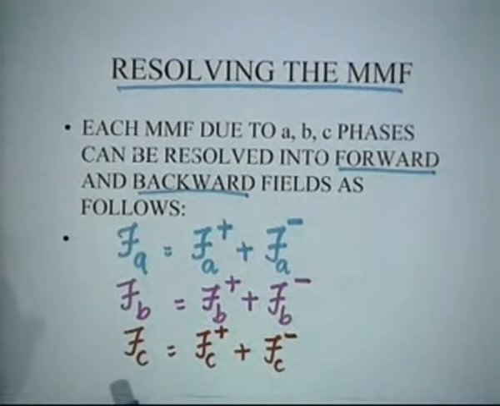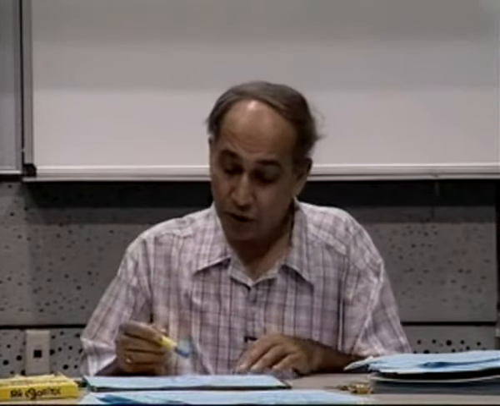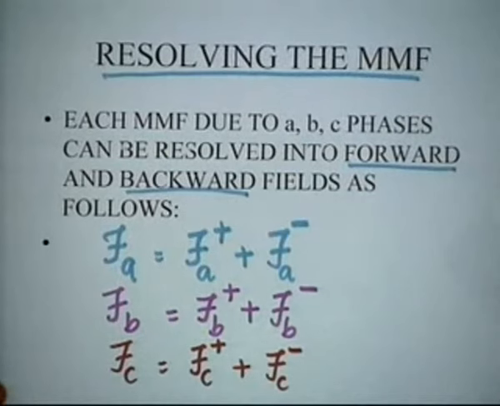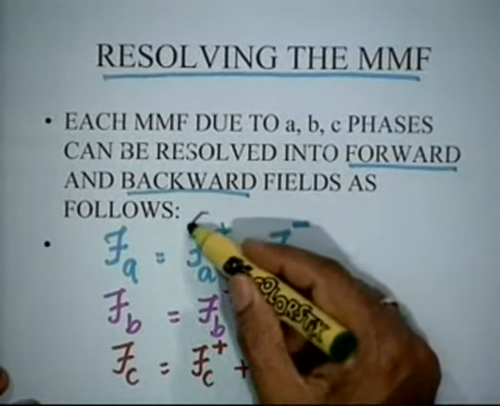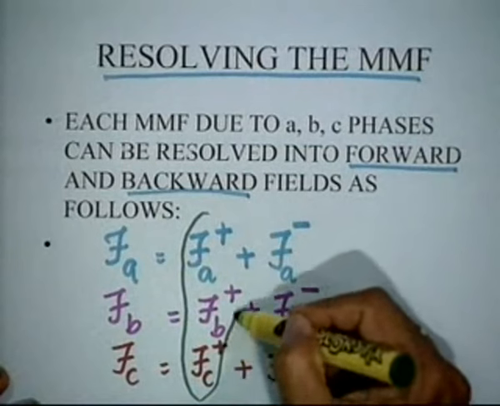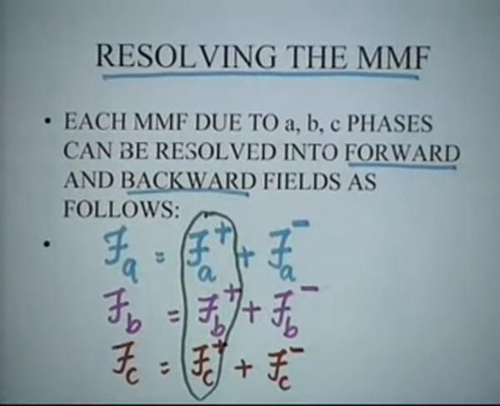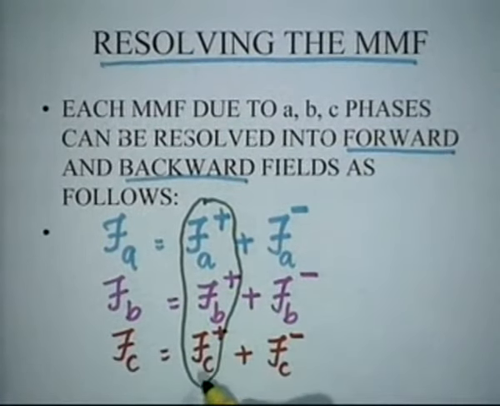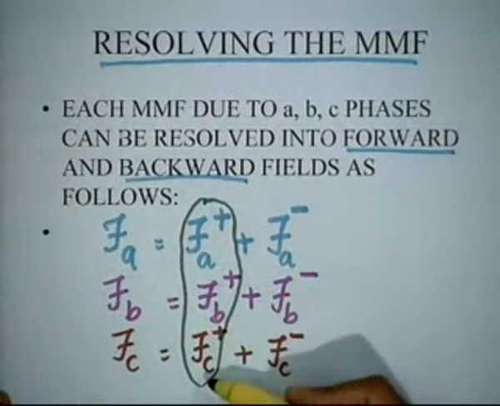Forward field will rotate only at plus omega, and backward field will rotate at minus omega. So, you find there are these 3 combined together. What will it make? It will make a net forward field, FA plus, FB plus, FC plus.